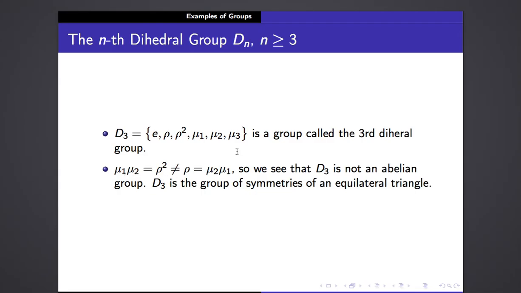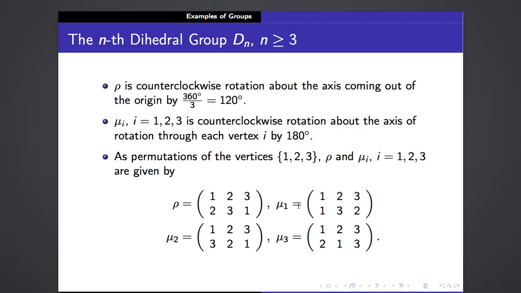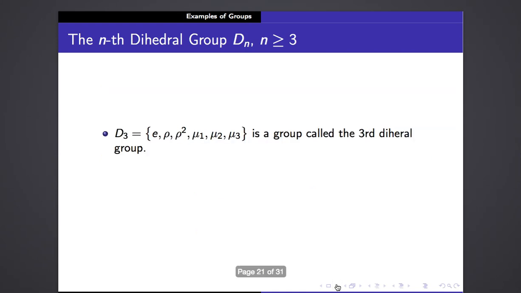Since I showed you the permutation representation of each rotation, you can easily do the operations. Again, the operation multiplication is the same: successive applications of rotations. So anyway, you can easily check that.